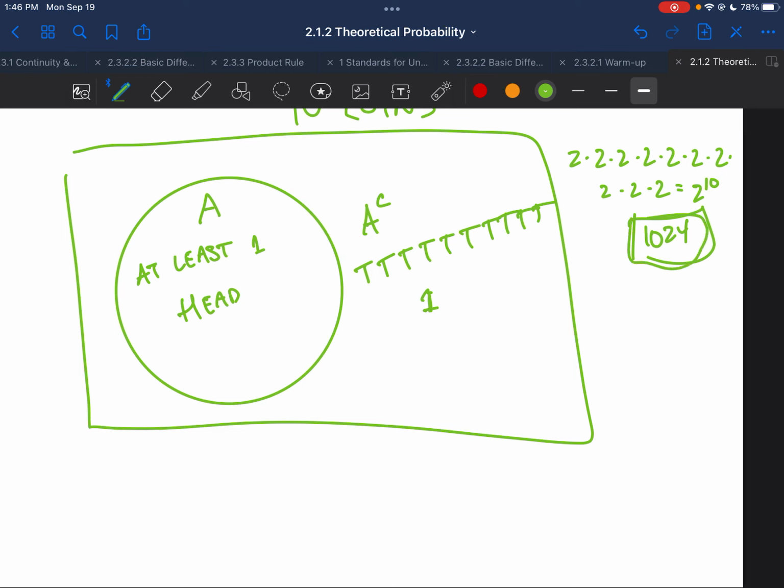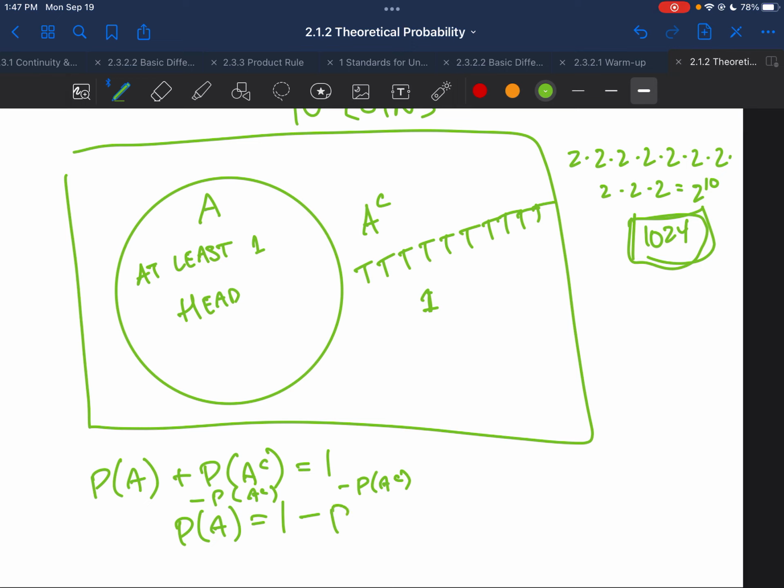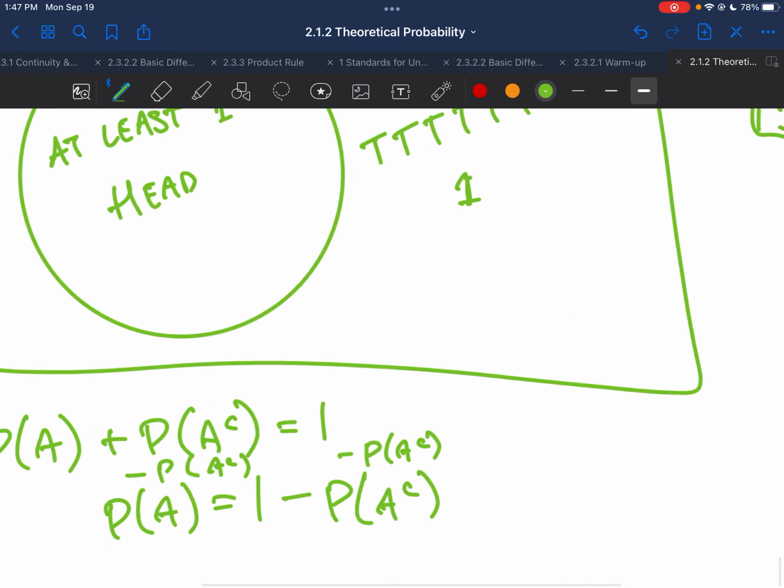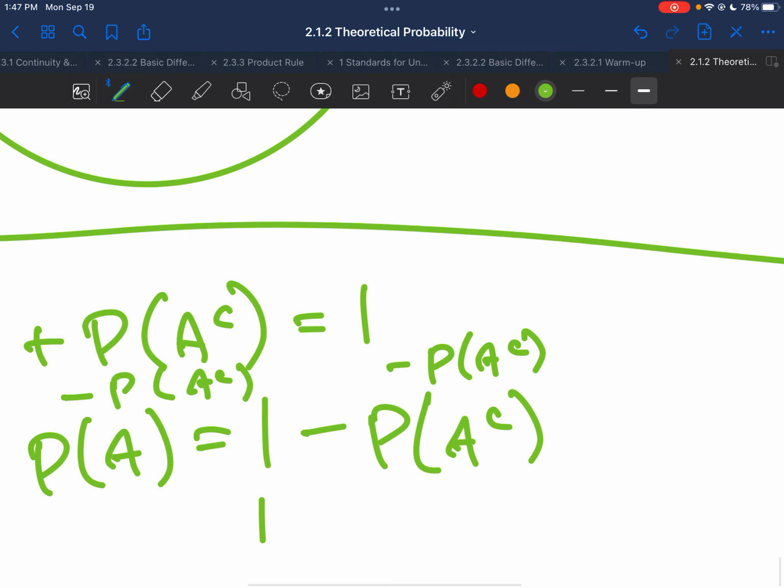So if I want to know the probability of A, I'm not going to try to calculate that directly. Instead, I know that the probability of A plus the probability of A complement is going to add up to 1. So by subtracting the probability of A complement from both sides of the equation, I'm going to get the probability of A equals 1 minus the probability of A complement. So let's find the probability of A complement. A complement is one value out of 1,024.